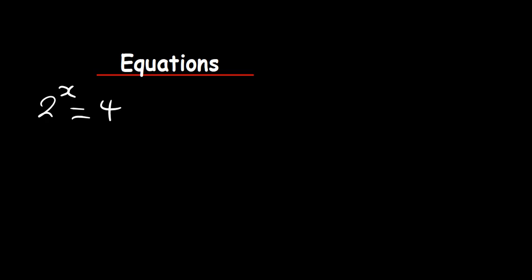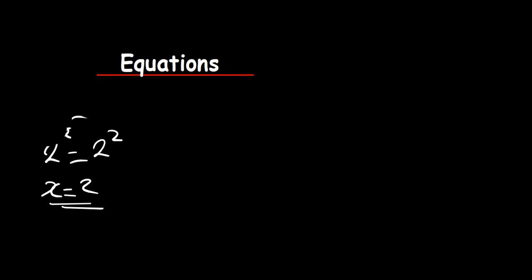So you have to always make the bases the same. So in this case, I'm going to have 2 to the power x is equal to, how can I write 4? 4 I can write as 2 to the power 2. Because the bases are the same, I'm just going to equate the powers, so x is equal to 2, and we are done like that. Let's solve another one.